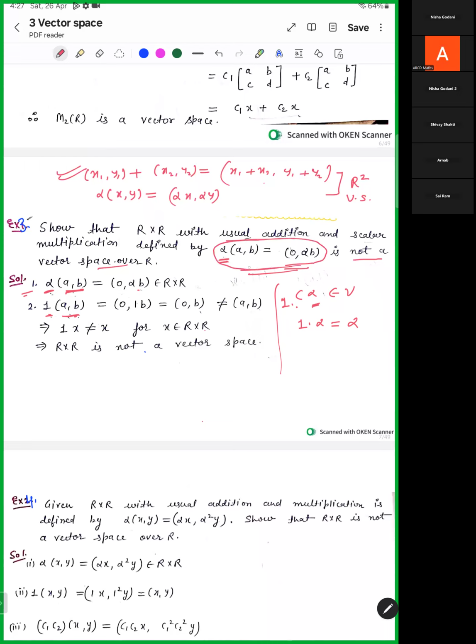The given rule says that when you multiply by alpha in a comma b, the first component will be 0 and the other will be alpha b.